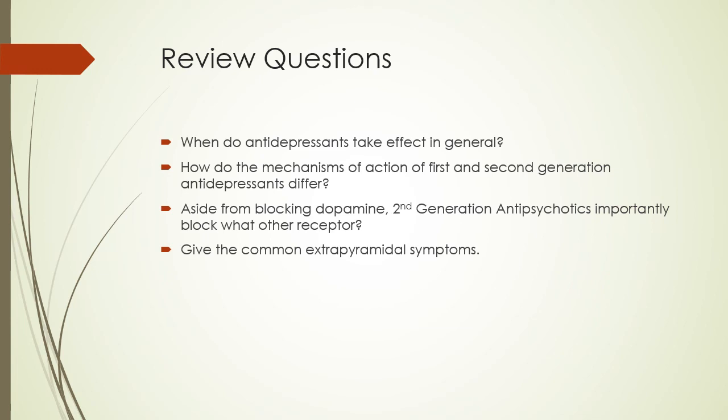When do antidepressants take effect in general? 2 to 3 weeks. Okay, so please counsel your patients. If they are taking an antidepressant, they should expect at least 2 to 3 weeks before they see significant improvement.